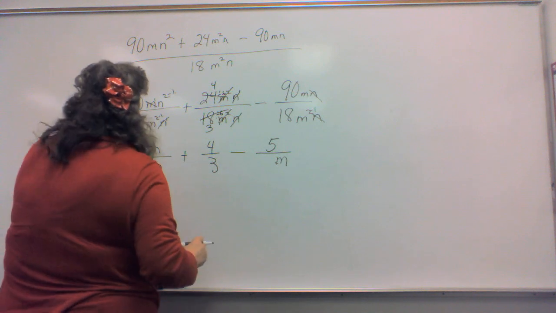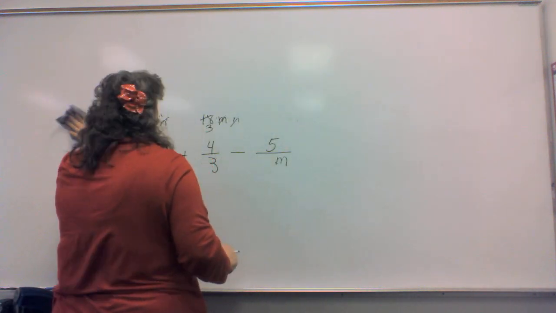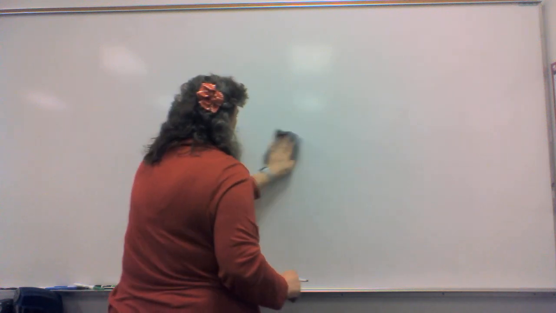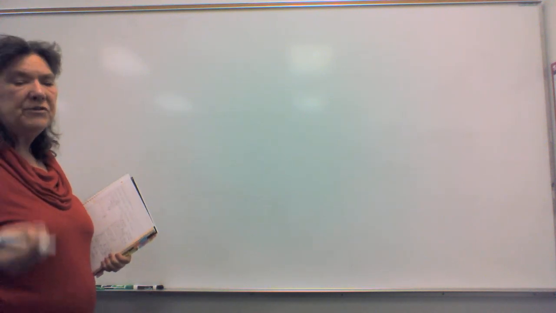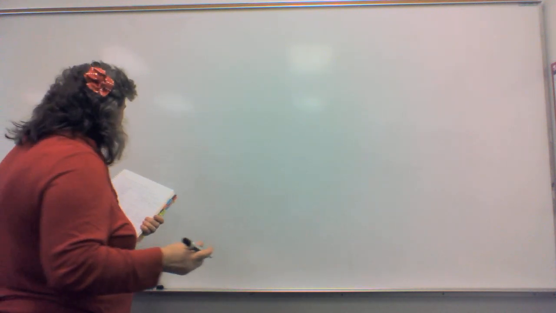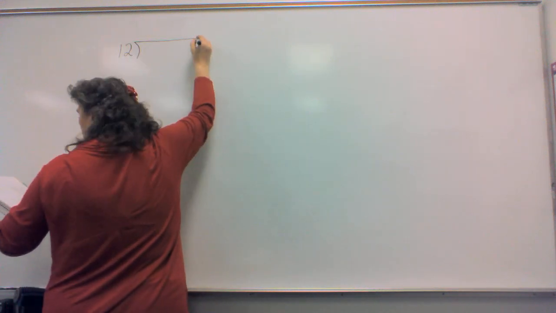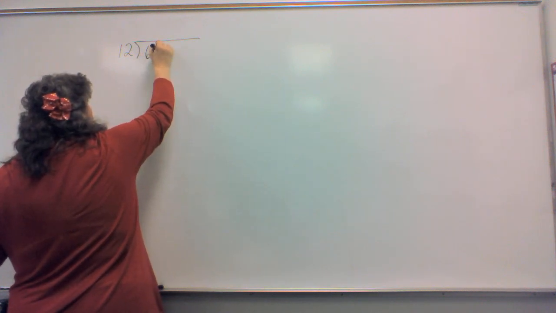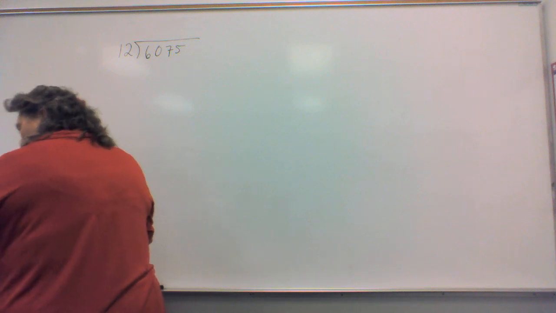Now let's look at a polynomial divided by a polynomial. So let's look at several of these. But first of all, let us do a review of long division, because that's important. If I take 12 and I want to divide it into 6,075, okay?